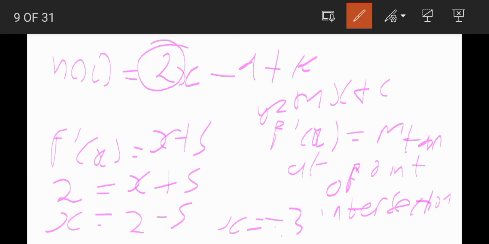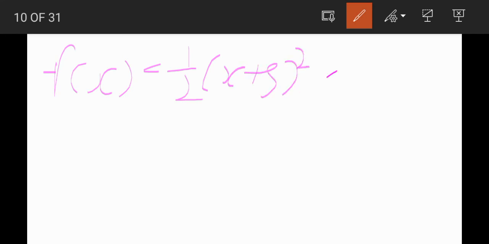What must we do to get the y value? In this case, we can either substitute in the equation of the tangent or the original, but we cannot substitute in the equation of the tangent since we do not have k, right? So obviously we must go back to the original equation of f of x. Then f of x equals half (x plus 5) squared minus 8.